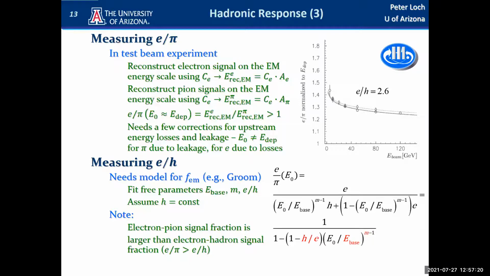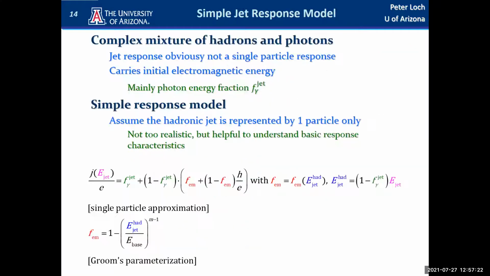So now, if we move to jets, of course, as we have seen, this is a complex mixture of hadrons and photons, and it's obviously not a single particle response, but it has a feature that is interesting because in the jet we have already part of the energy coming in as electromagnetic energy carried by photons.